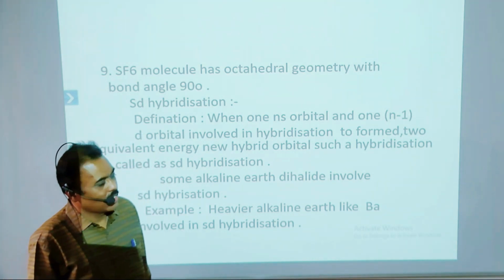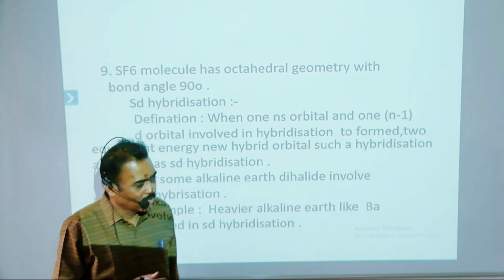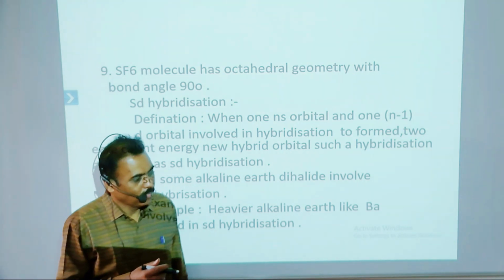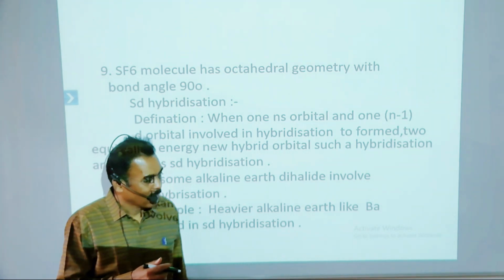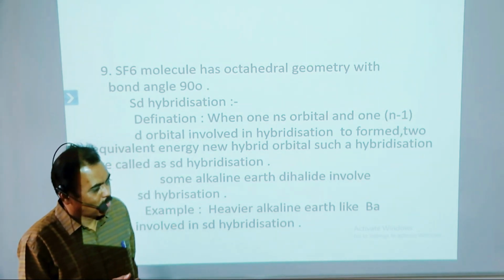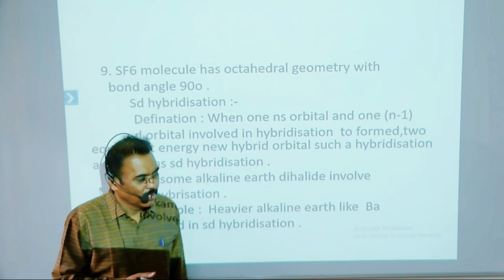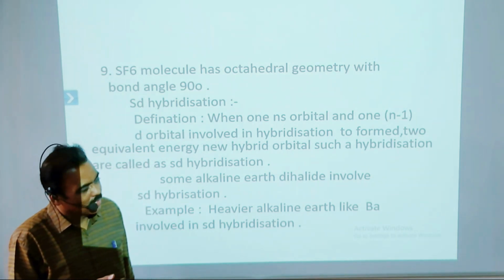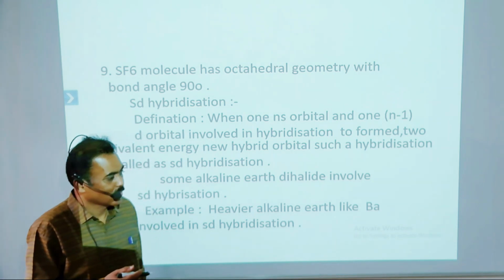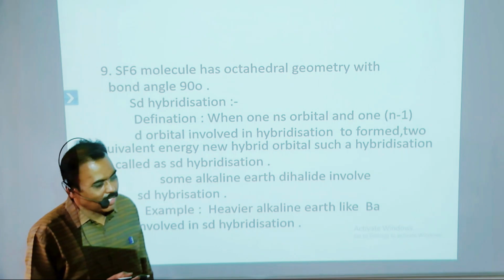In SF6, the half-filled sp3d2 orbitals overlap with the half-filled orbitals of the 6 fluorine ligands, and therefore all are bond pairs. There is no lone pair of electrons, and therefore the geometry of the SF6 molecule is octahedral and the bond angle is 90 degrees.